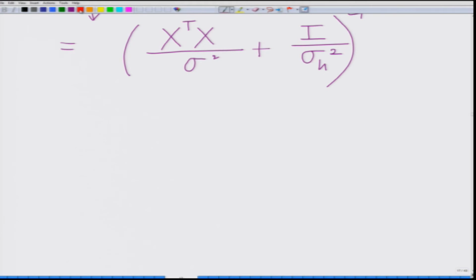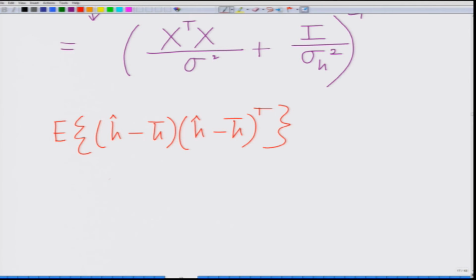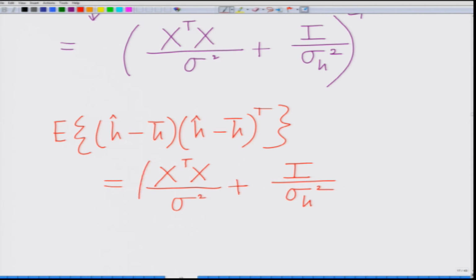So the error covariance, the expected value of h hat minus h bar into h hat minus h bar transpose, equals x transpose x by sigma square plus I divided by sigma h square, inverse.